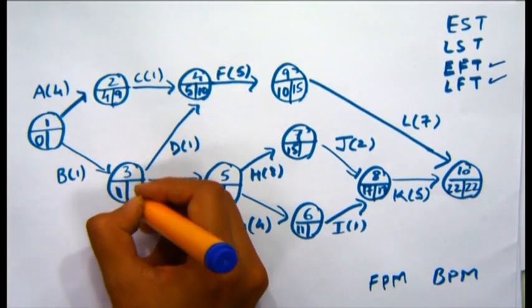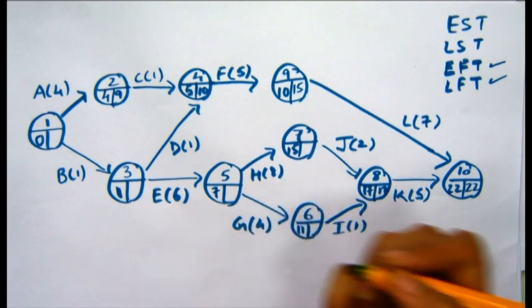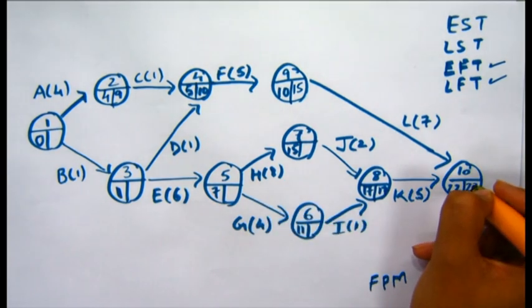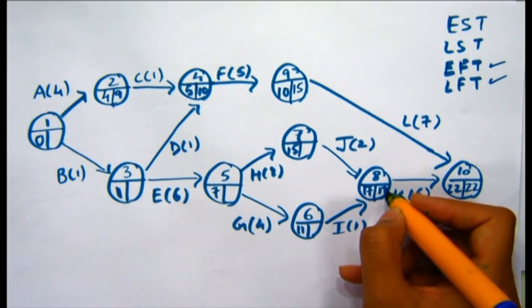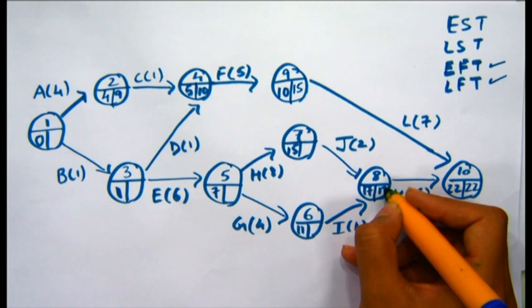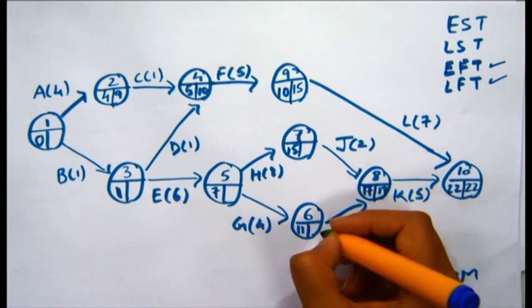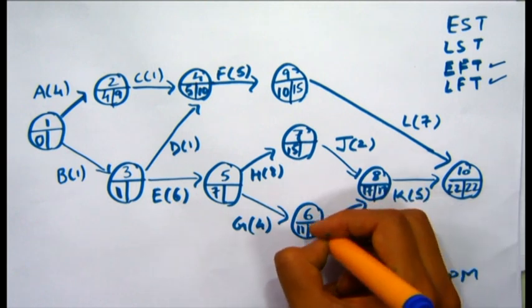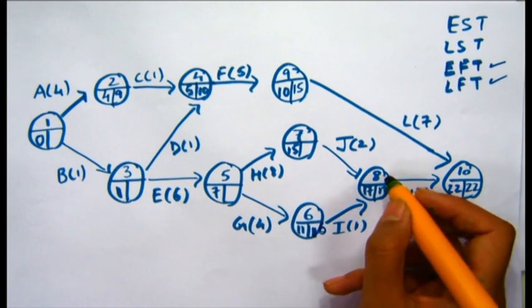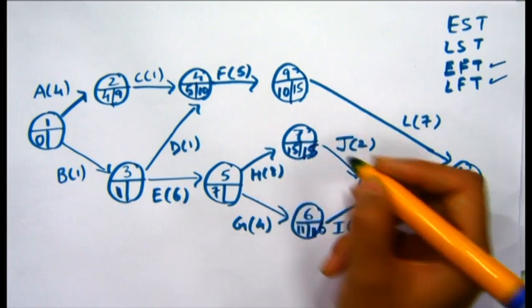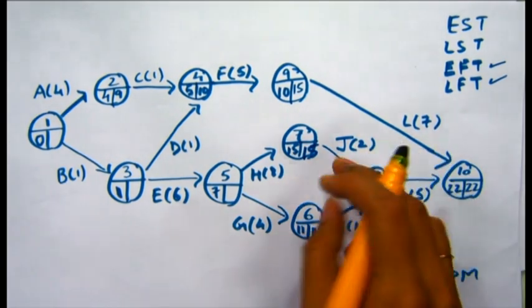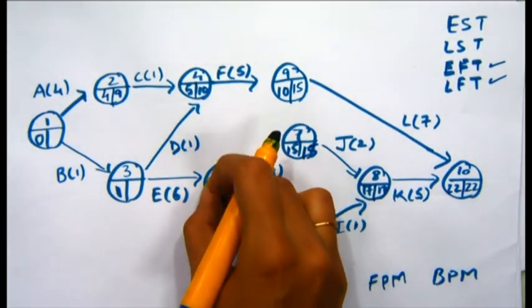We'll wait for this answer. We have written the times of these activities. Now we move in this direction. 17 minus 1 is 16. And similarly, 17 minus 2 would be 15. Now we have the merge of events.